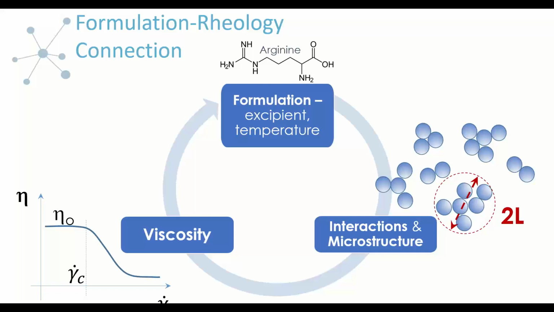And these interactions in microstructure can be directly measured by viscosity measurements. We can shear this fluid at different shear rates, and we can monitor the viscosity changes to get an idea of what's going on in that microstructure.